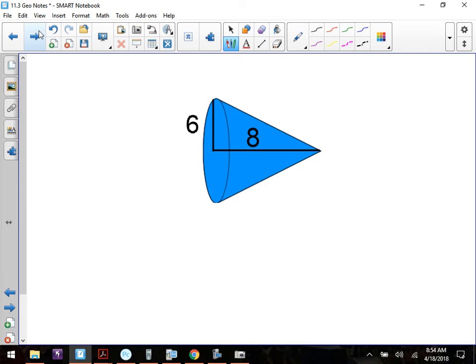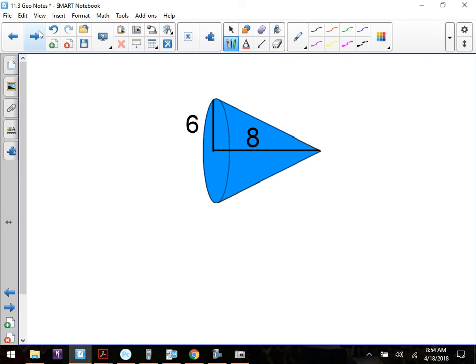Obvious, because it looks like a cone. Which means you have a circle, and you've got the cone part. What part's missing according to the diagram? Slant height. Gee, I wonder what you're going to have to do to figure out the slant height of a cone. Definitely not going to be the Pythagorean theorem.